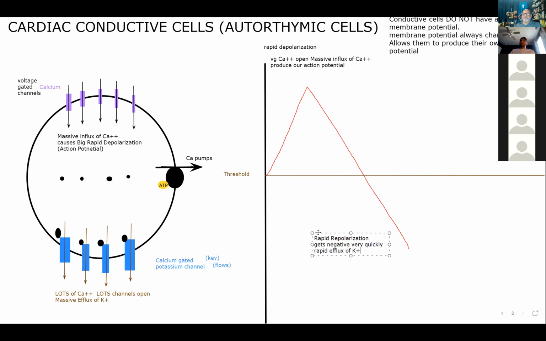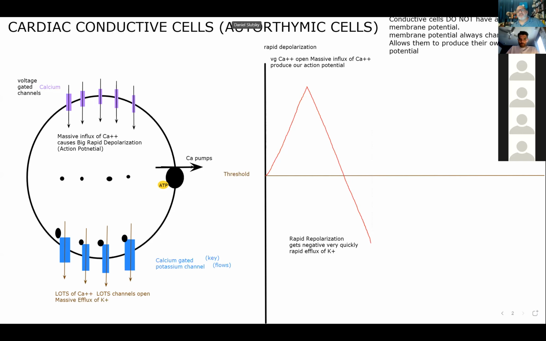But notice something interesting happened along the way. Oh, I'm going to cheat a little bit here. I'm going to grab that and move that like that. But notice something interesting happened along the way. What was that interesting thing that happened during this rapid repolarization?